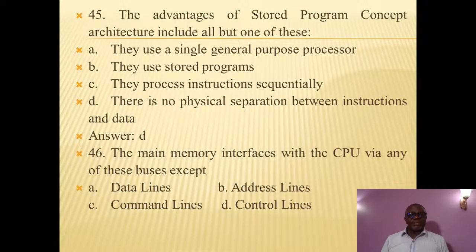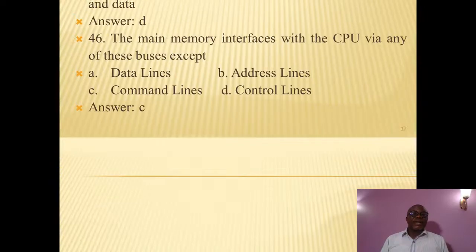But there is nothing like command lines in the CPU memory interface architecture. So our answer is C. The main memory interfaces with the CPU via any of these buses except command lines, because it is not known to the architecture.